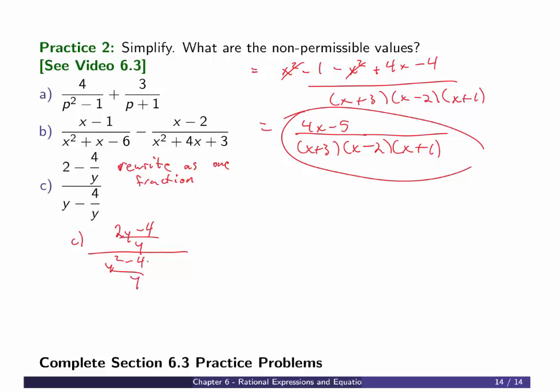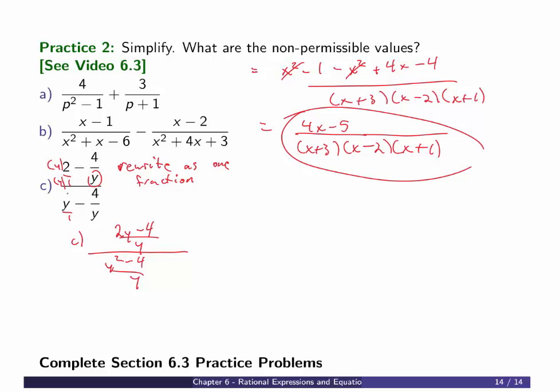Now how the heck did I get that? Basically, this is 2 over 1, this is y over 1. So you're just getting a common denominator. So to get a common denominator here, you want to go to the LCD is y, so you're multiplying both top and bottom by y here to give you 2y over y minus 4 over y, i.e. 2y minus 4 over y.